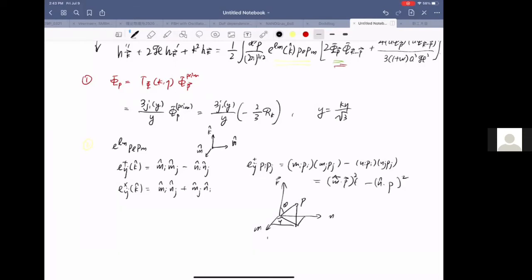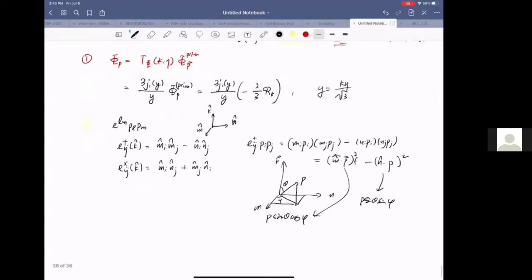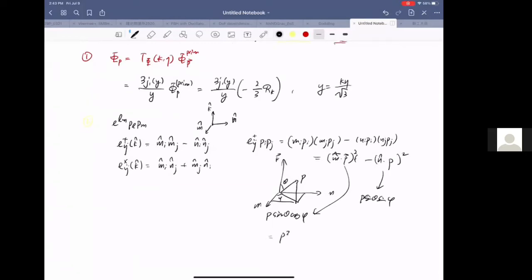So this is p sine theta cosine phi. The other one is p sine theta sine phi. So this is p squared sine squared theta, cosine squared phi minus sine squared phi. This is just cosine 2 phi.